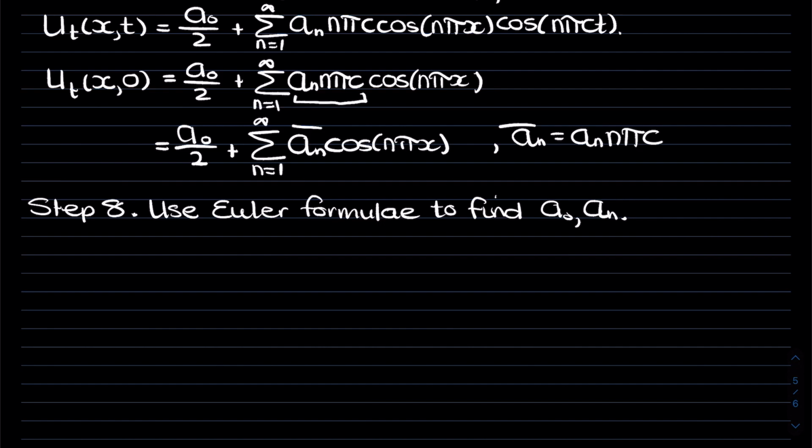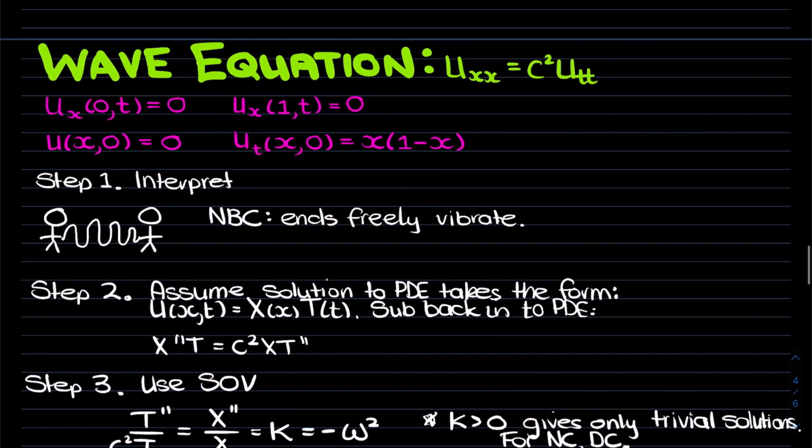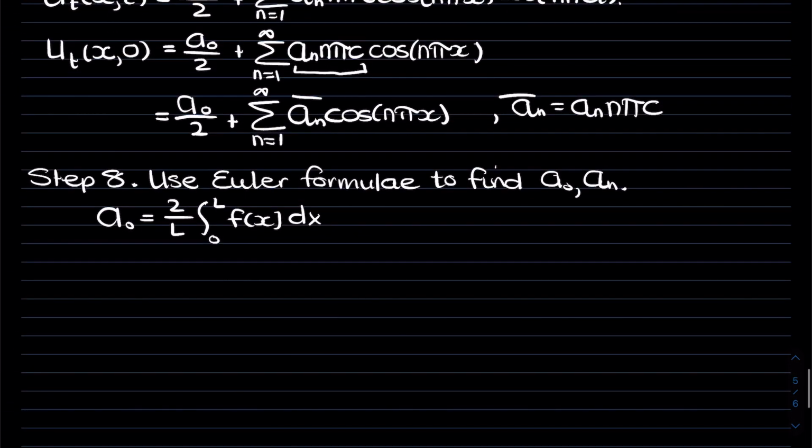So for A of naught, the Euler formulae looks like this: 2 over L from 0 to L, f of x dx. L in this case, for the wave and heat equations, we say x goes usually from 0 to L. In this case, our L is 1, because if we go all the way back up here, we go from 0 to 1.